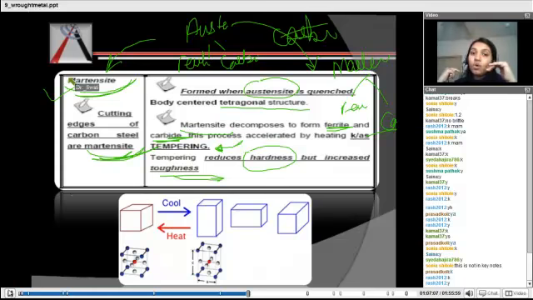When we cool it slowly, we get ferrite and carbide alternating lamellae, that is called as pearlite, but when we quench it suddenly, we get martensite. This martensite is the one that forms the cutting edges of the carbon steel, but it can get decomposed into carbide and ferrite, and this process is called as tempering. Got it or not?